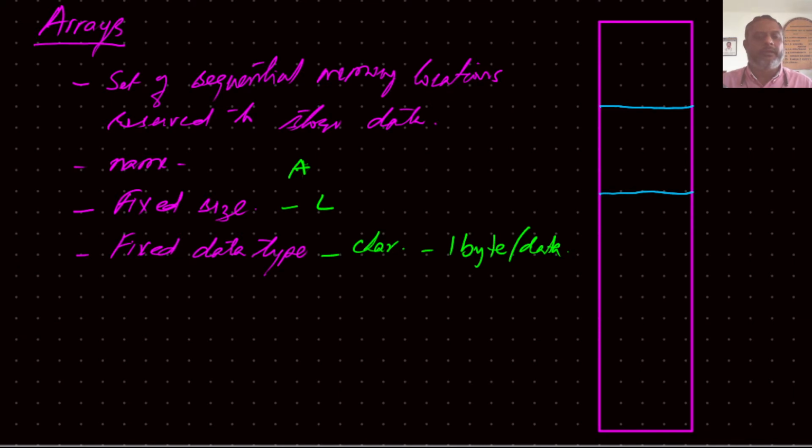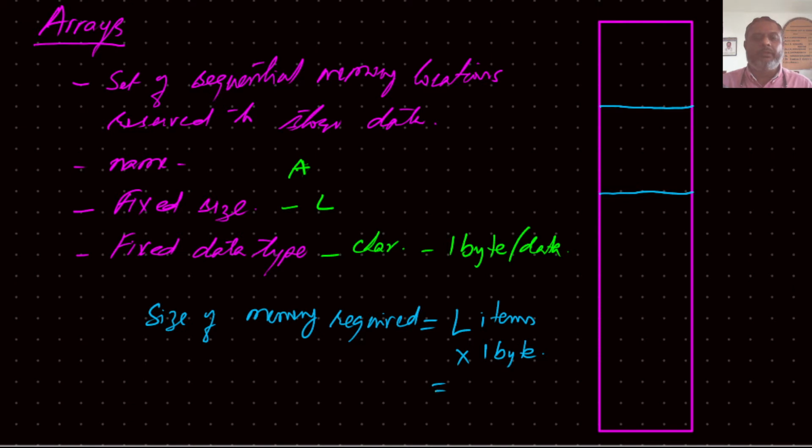So the size of the memory required for this array: we have L items in the array, and each item, because it's a character, is going to take 1 byte of memory. So totally L bytes are required.